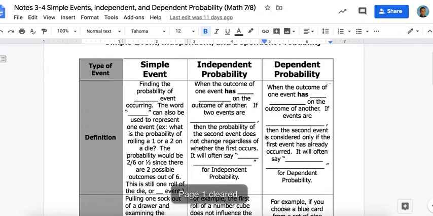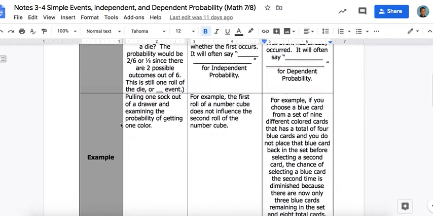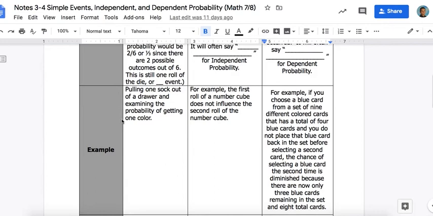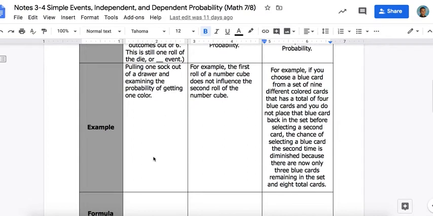Okay, here's another example. If you choose a blue card from a set of 9 different color cards that has a total of 4 blue cards, and you do not replace that blue card back in the set before selecting a second card, the chance of selecting a blue card the second time is diminished because there are now only 3 blue cards remaining in the set and a total of 8 cards.